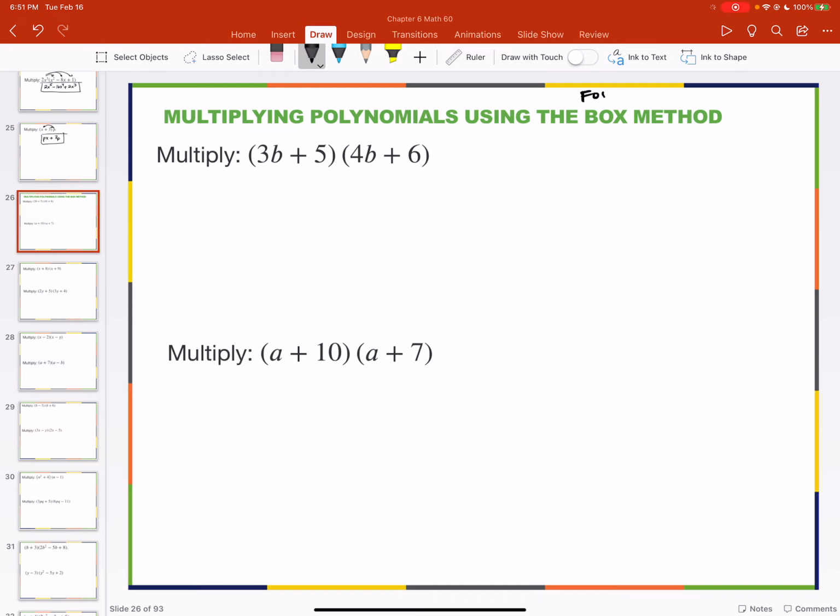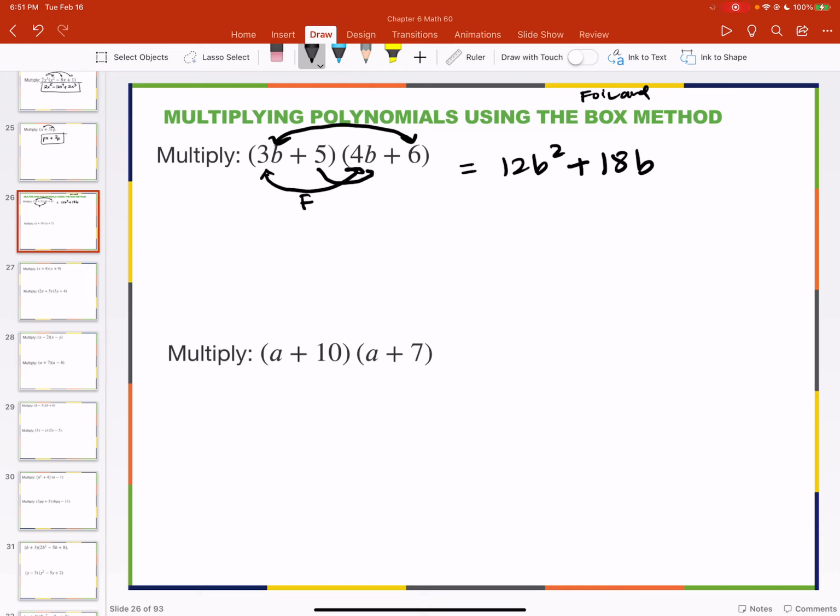So this is FOIL now. Okay, so here you have two binomials. First, you multiply the first two. That's the F part in FOIL. So that's going to be 3b times 4b, which is 12b squared. Then the outer two, so then that's going to be plus 18b.